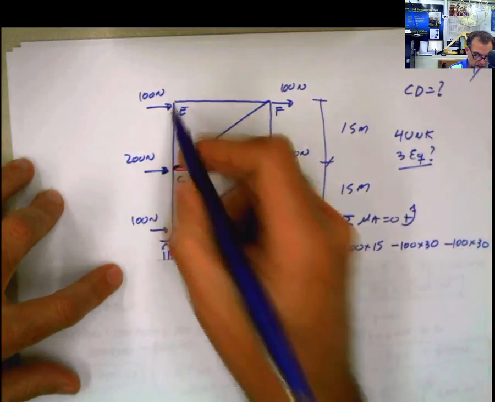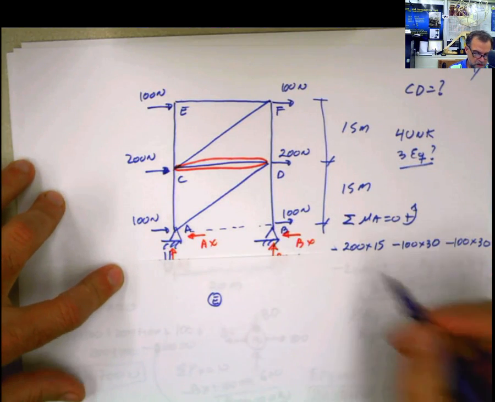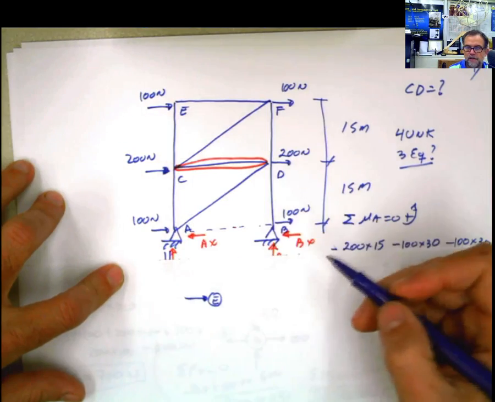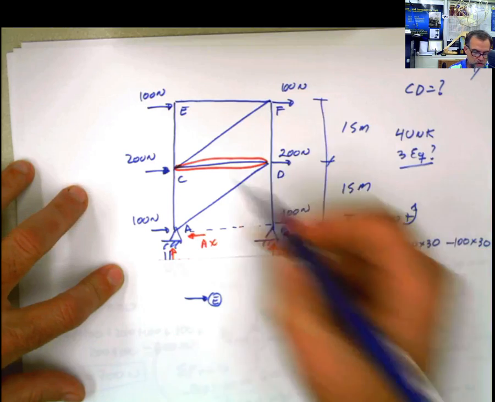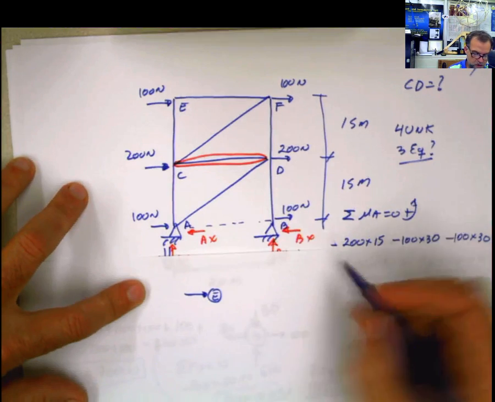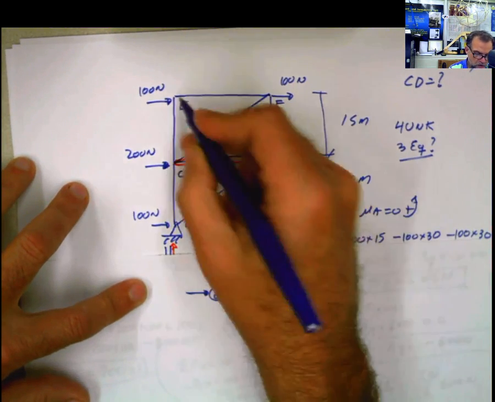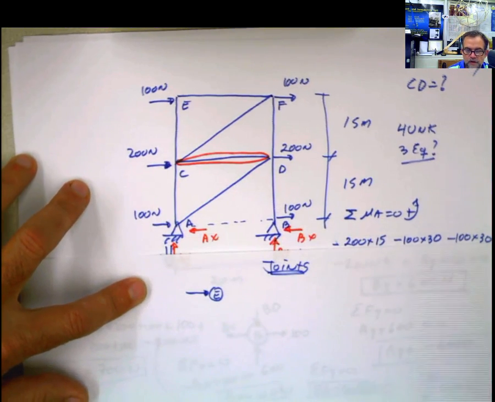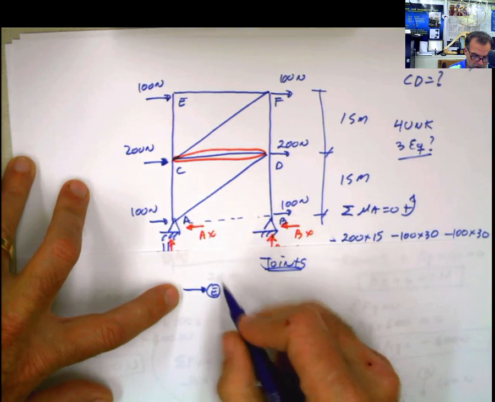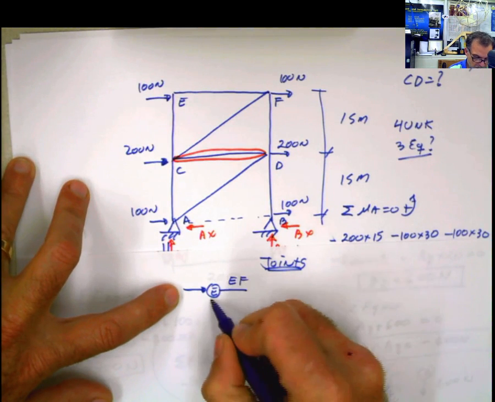If you go to the joint E, which is this joint, you will see that you have directly only two unknown bars, and that's what I can use. I can use particle equilibrium, or the method of the joints. So instead of starting from the bottom, because you are used to starting from the bottom, come here. Now you have that force of 100, and then you have this force EF, and then you have this other force EC.